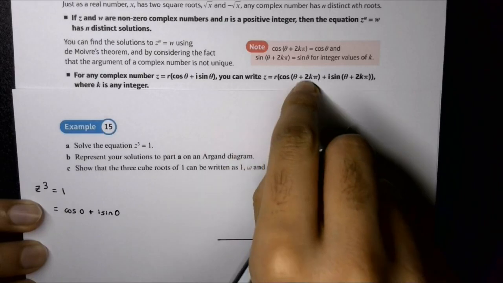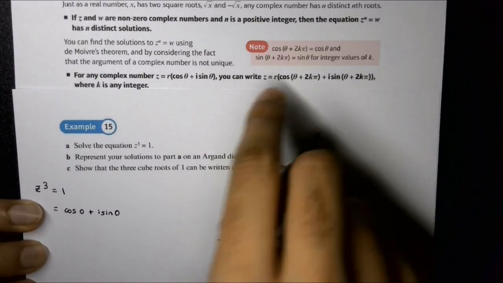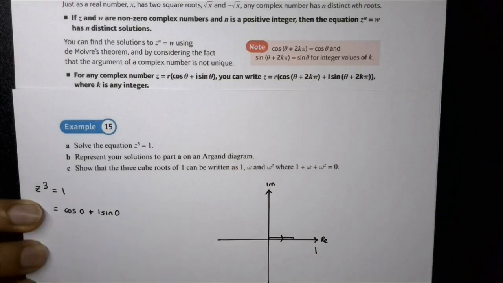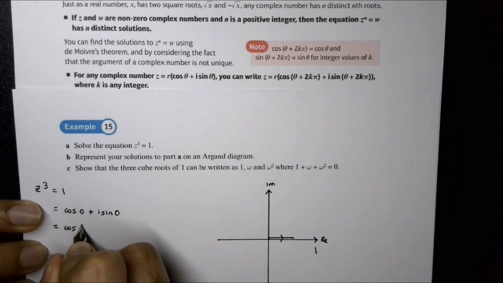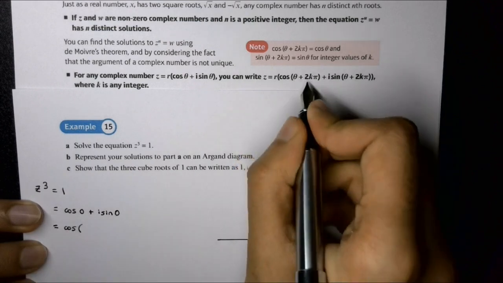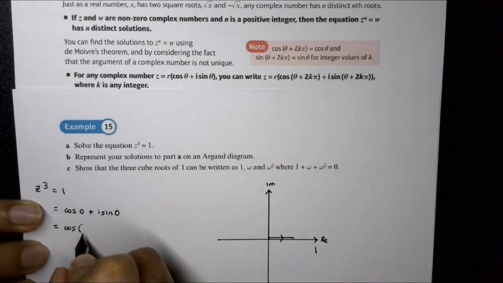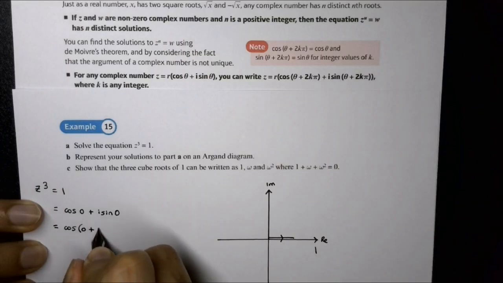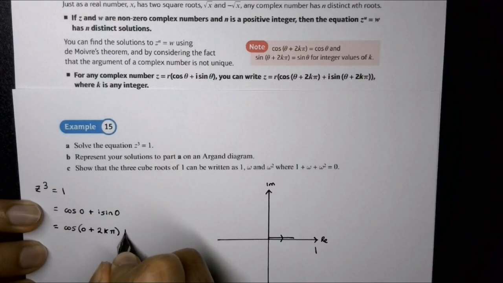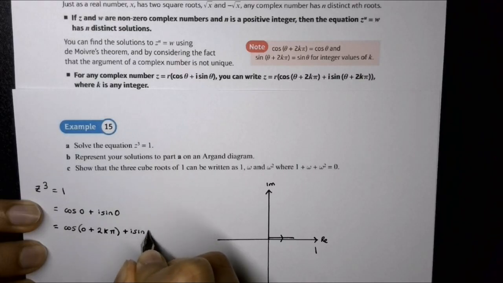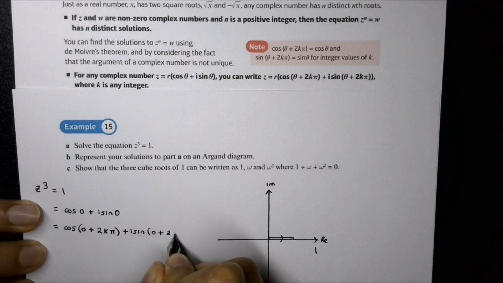And if we use the result which we mentioned over here, we can rewrite this as cos of 0 plus 2k pi plus i times sine of 0 plus 2k pi.